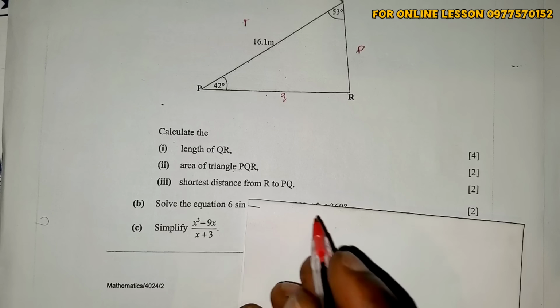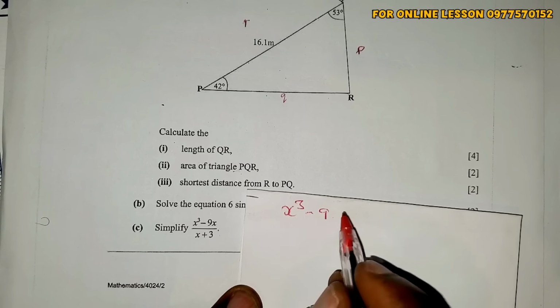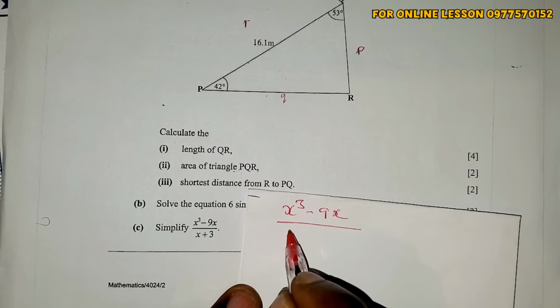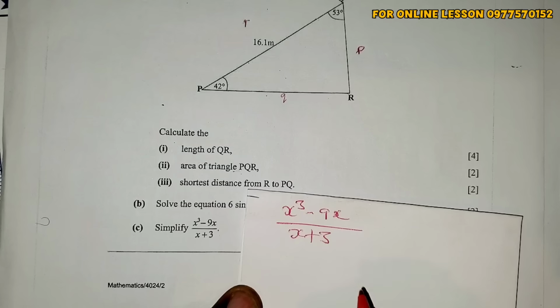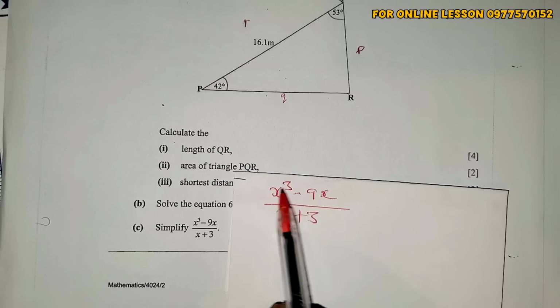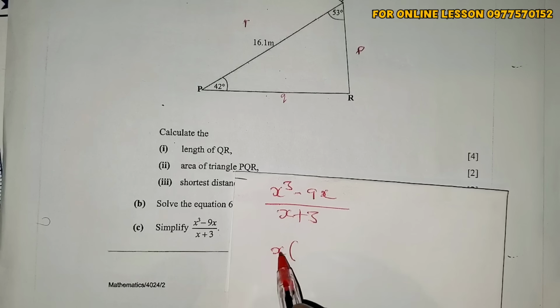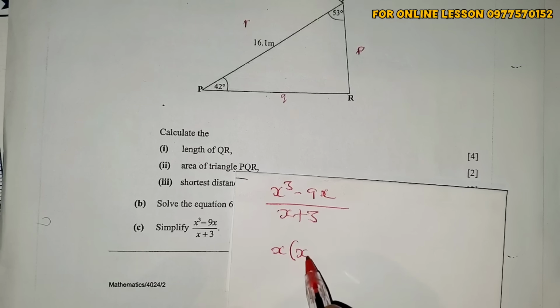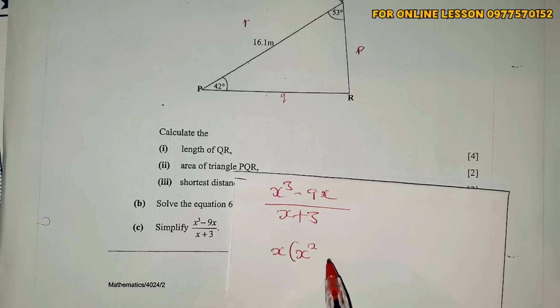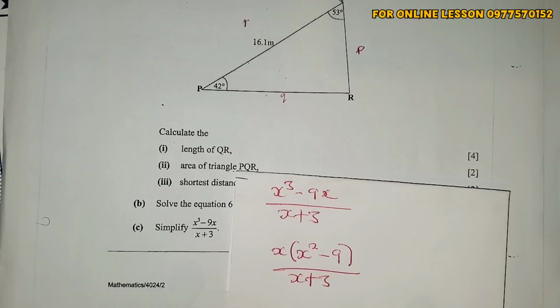We are asked to simplify x cubed minus 9x divided by x plus 3. So on top here we factorize. What is common here is x. X into x cubed, we just remain with x squared. X will remain with 9, over x plus 3.